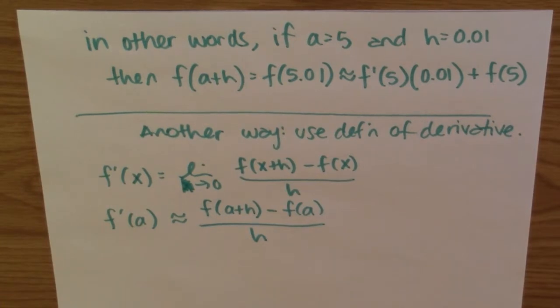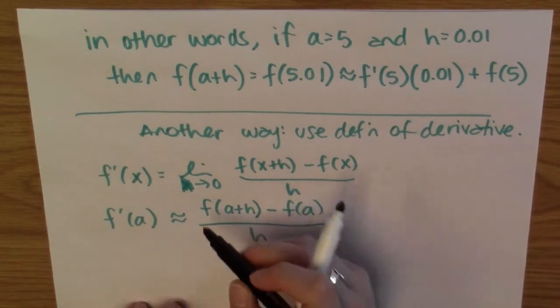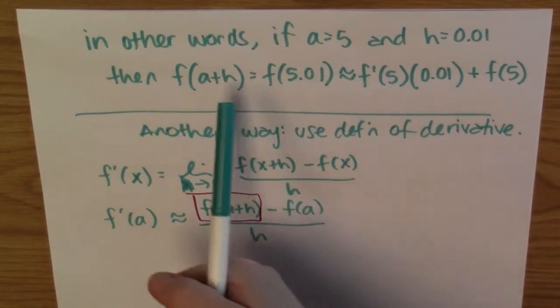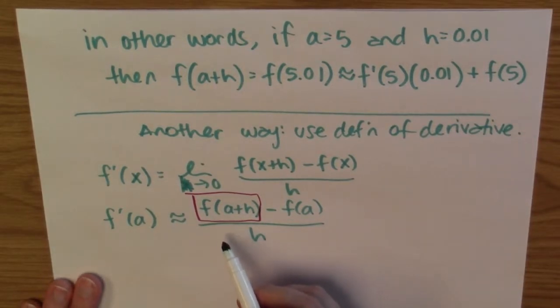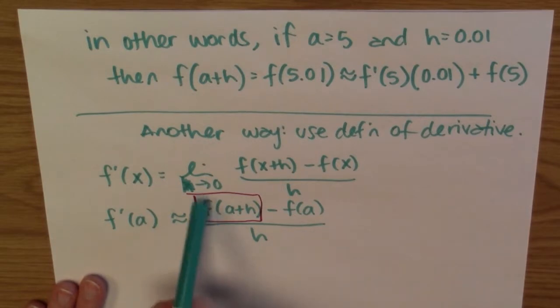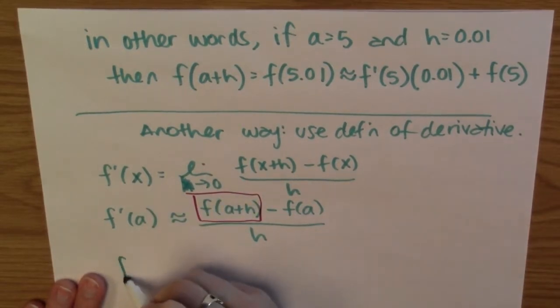All right, but what I want to do is actually figure out what is f of a plus h. That was the thing we were interested in just a moment ago, right? f at a plus h. So I can essentially just solve using this approximately equal to for f of a plus h. So the first thing I do is multiply both sides by h. It's not 0, because I'm taking this limit where h is near 0 but not actually equal to it.